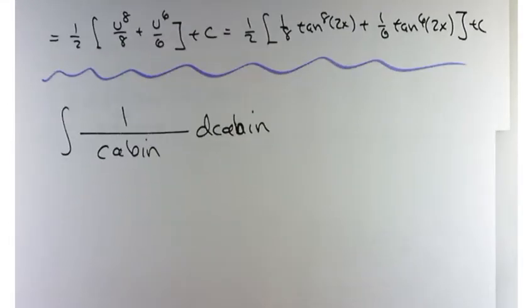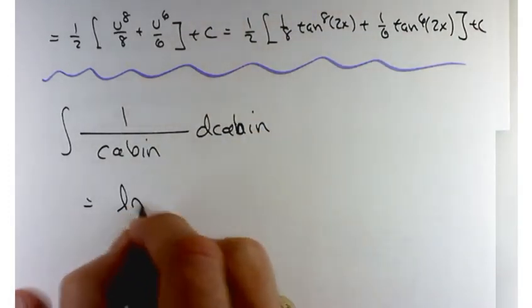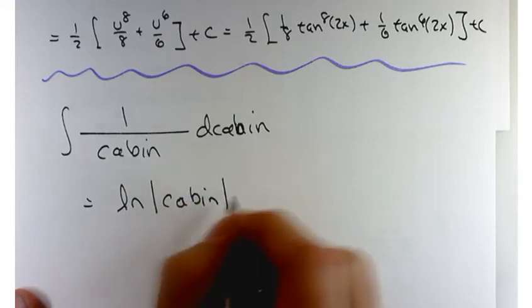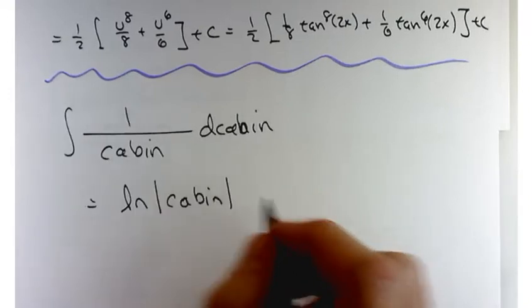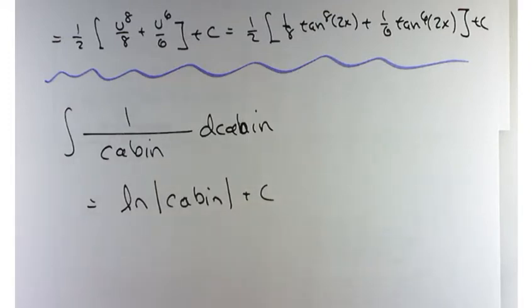Now, I trust that you all know your Calc 1 very well. What's the integral of 1 over something like this? It's the log, right? So you've got a log cabin, but the important part was to remember the constant, right? So a log cabin plus the c, there you go. There's your houseboat. Yay! Give it up. Come on. Math jokes. Yay!